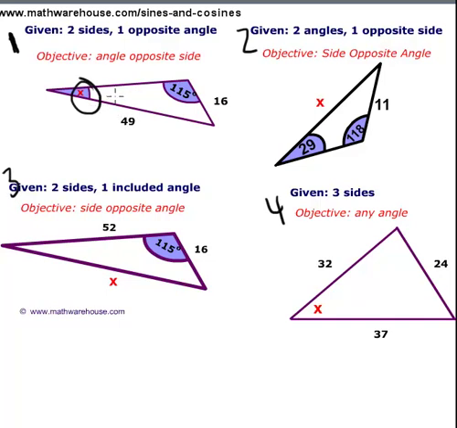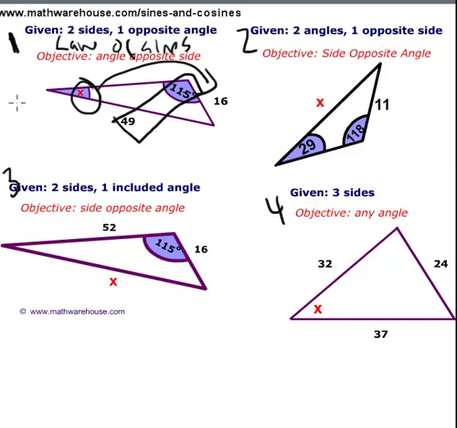If you're trying to find x, you know its opposite side, and you also know a pair of opposite measurements. You know an angle and its opposite side. This is a law of sines problem.